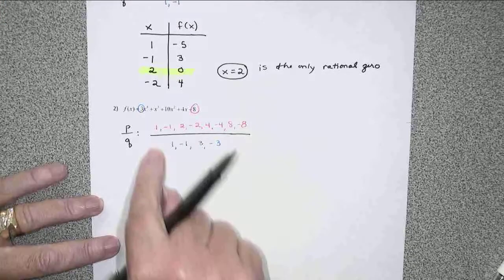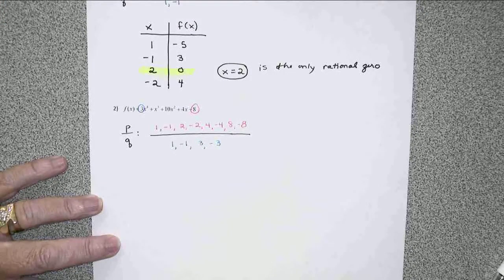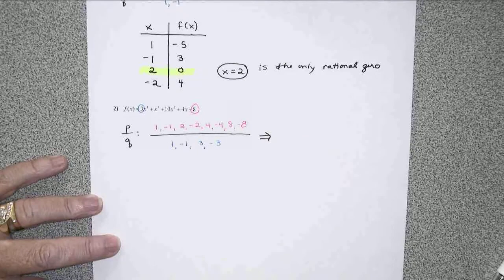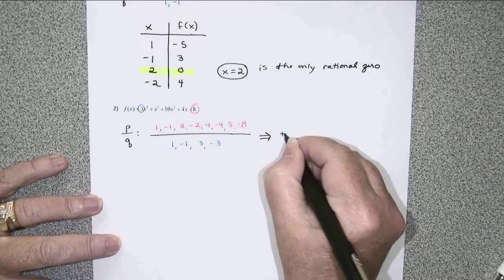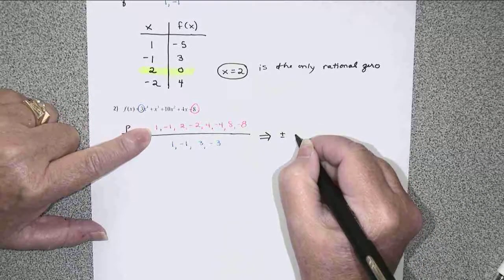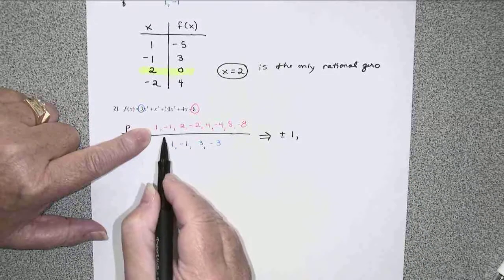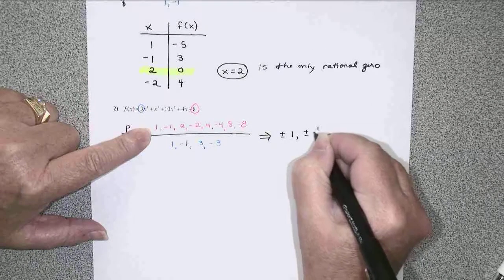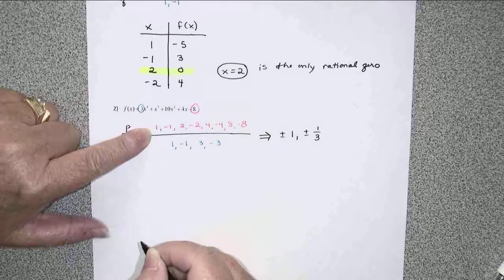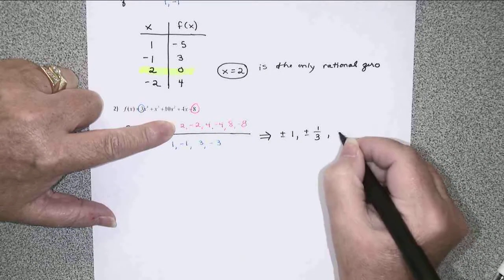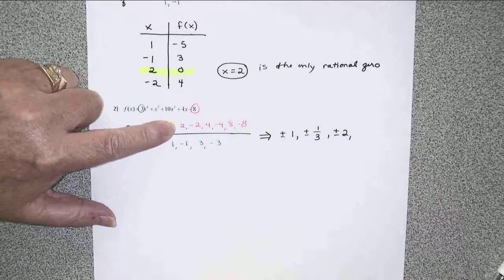Typically, when I think through the values of the fraction, every fraction I get is going to be either a plus or a minus. And so just to make things a little bit quicker, I'll usually write down plus or minus in front of each one. So plus or minus 1 divided by 1, and plus or minus 1 divided by the 3's. Same with the 2's. 2 divided by the positive or negative 1 would be plus or minus 2.